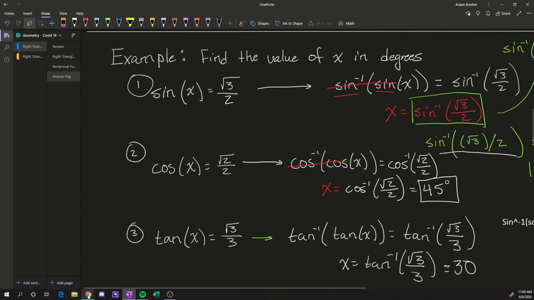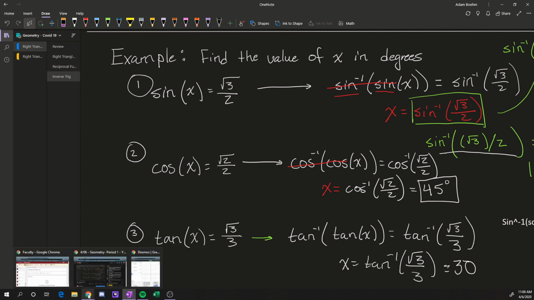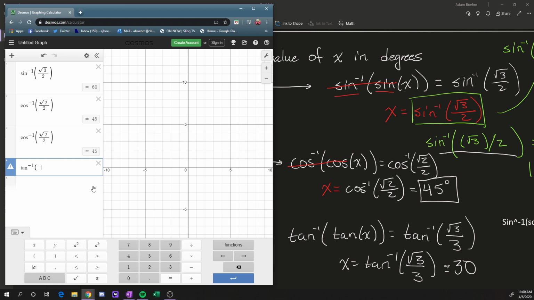So if we do that on Desmos, yeah, it should be 30. Functions, inverse tan, and then we want root 3, scroll 1 to the right, divided by 3, and then hit enter, and we get 30 degrees.